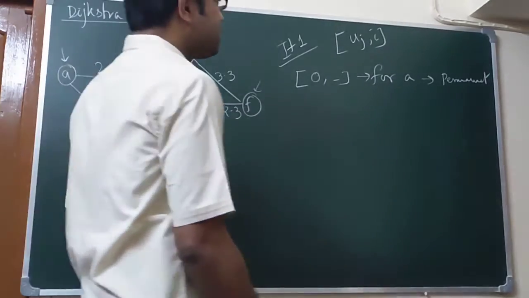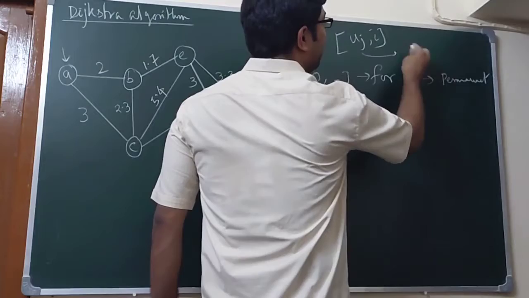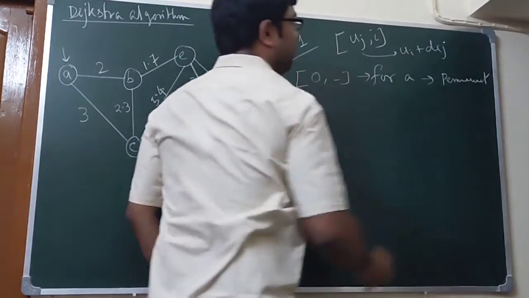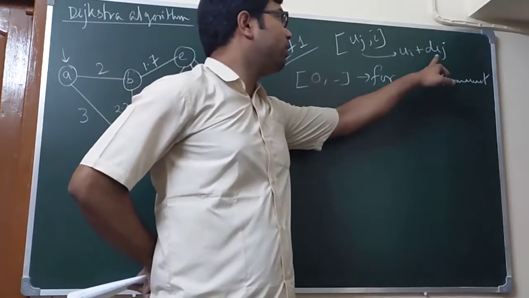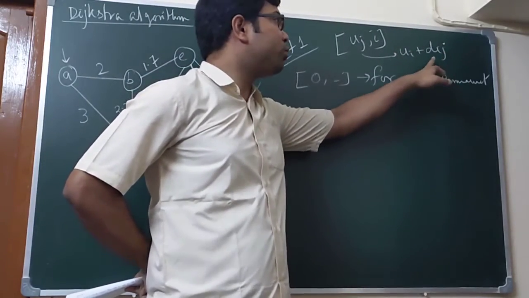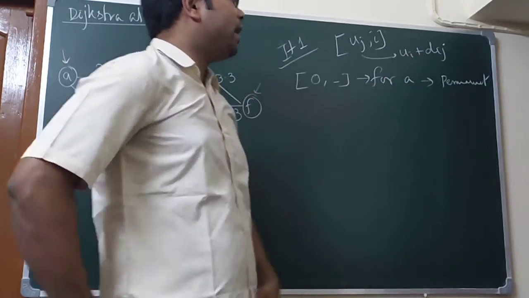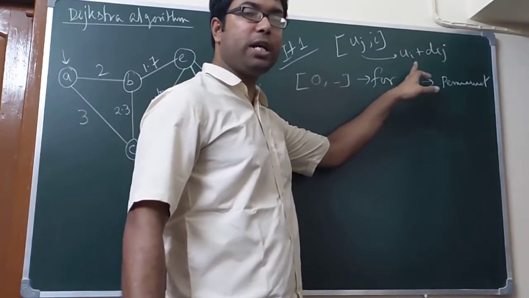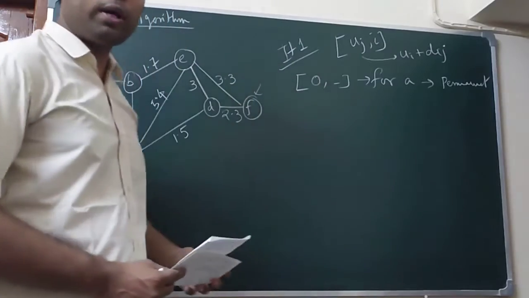This uj can be replaced with the value ui plus dij, where dij is the weight of the edge between the ith and jth node, and ui means the distance from the source node to the ith node.